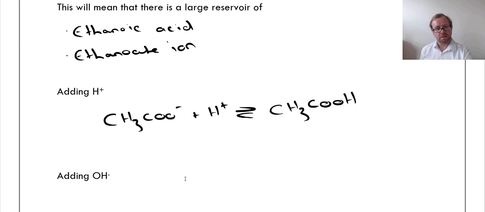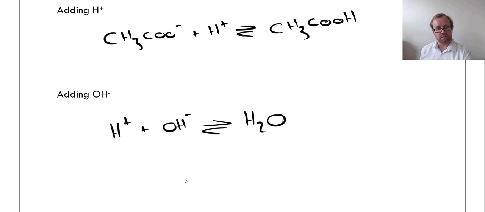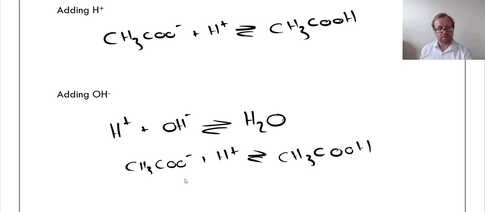Again, this equilibrium will shift to the right, meaning that it will decrease the concentration of H+ to minimize the change, and my OH- will react with the H+ of the acid to produce H2O, which means that my equilibrium in this reaction will shift to the left to produce more of my H+ concentration, which has been removed by my hydroxide here. Okay, hope that makes a bit of sense.